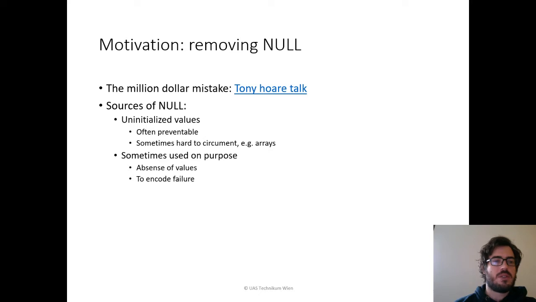So what are the sources of null? Basically, we have nulls because we have uninitialized values. For example, when we create an array of objects, all of those objects are null from the beginning. Sometimes it's easily preventable by, for example, using assignments when constructing the value.